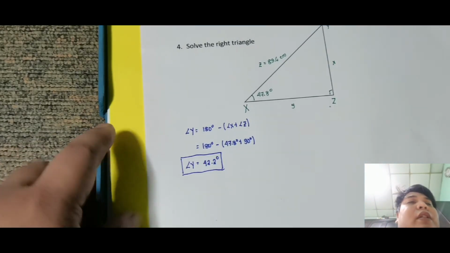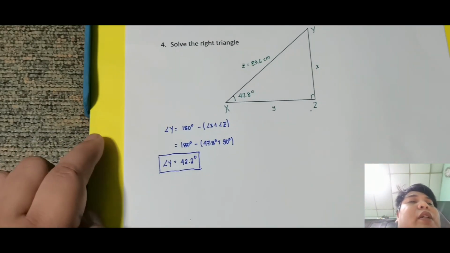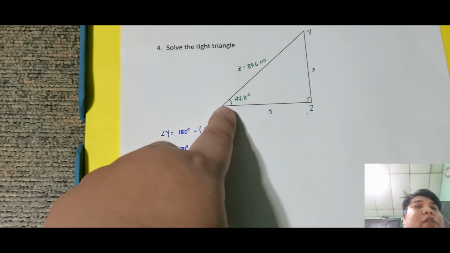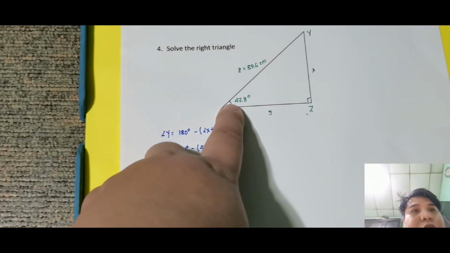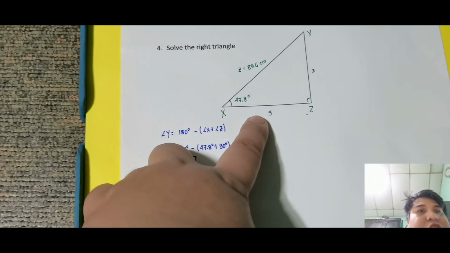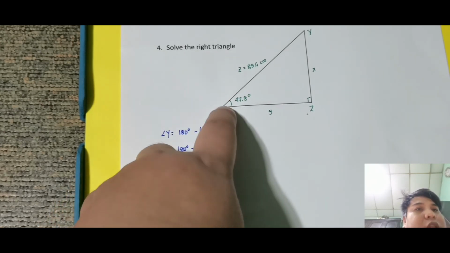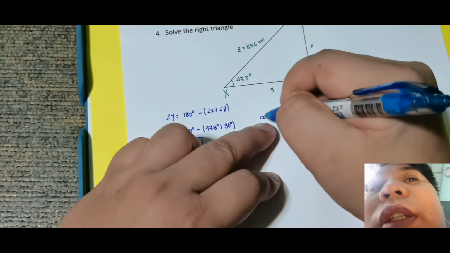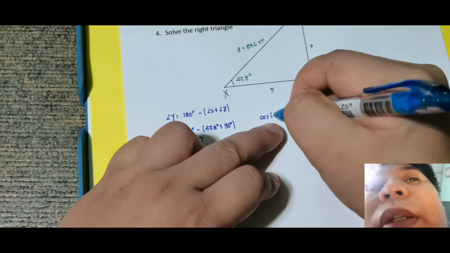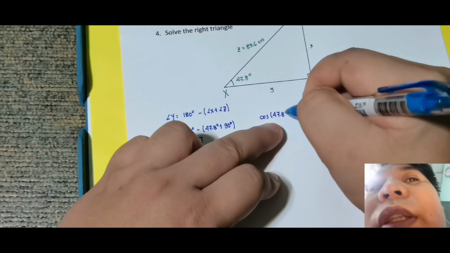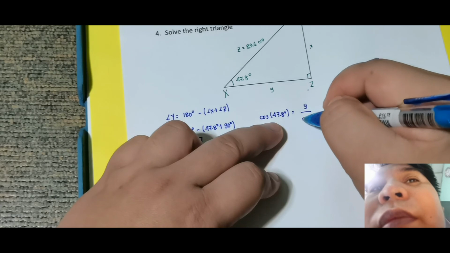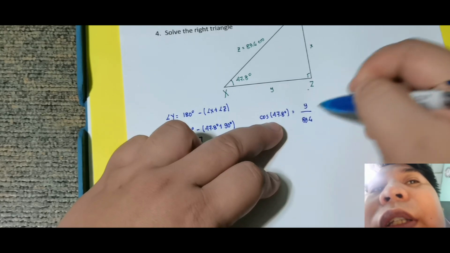Okay, so next is, syempre hanapin natin yung value ng y. So I think pwede ko hanapin yung value of y as ganito, no? Angle neto which is adjacent tapos hypotenuse, so meaning cosine. So that is cosine ng 47.8 degrees is equal to y over 89.6.